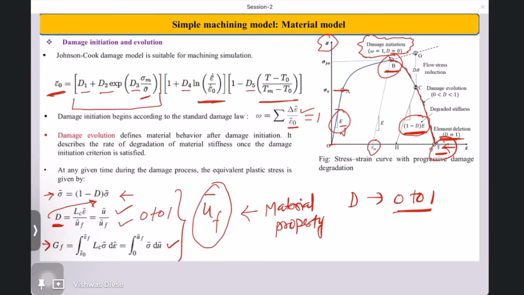So all the phases from elasticity to plasticity, damage initiation and evolution will define your complete material behavior in machining.